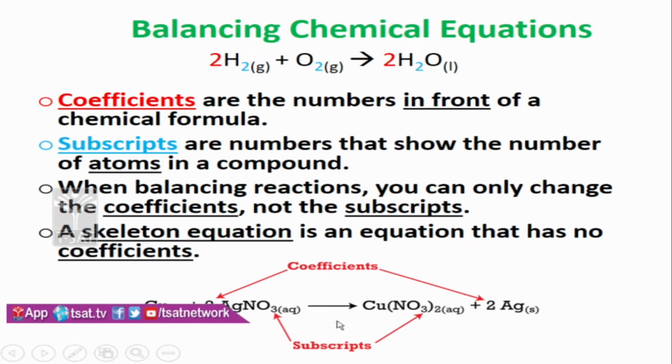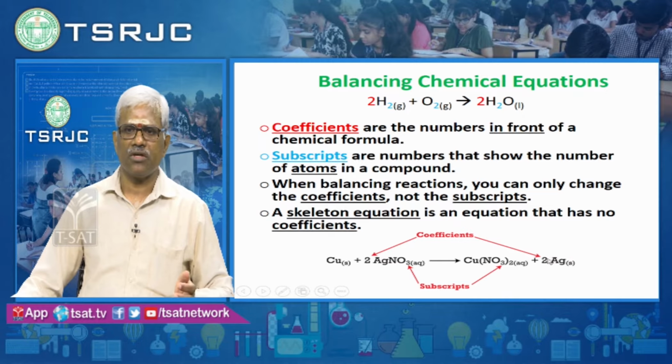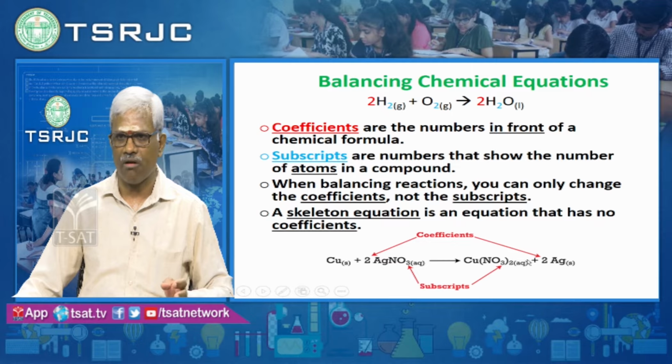Another example is given here. Copper reacts with silver nitrate to give copper nitrate and silver as a precipitate. This solid means precipitate. In the question, what is the precipitate in the chemical equation may also be asked.